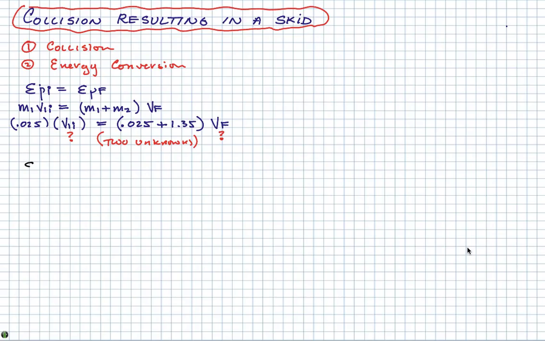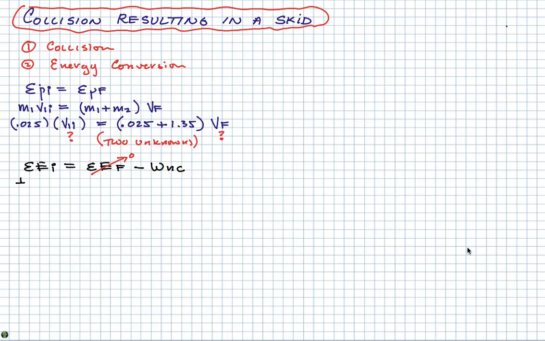So we have the sum of the energies initial is going to be equal to the sum of the energy final minus work done by non-conservative forces. We don't have any final energy in this case. All the energy is consumed by the friction, or converted into work done by friction. So let's eliminate that right off the bat, and let's start expanding this.